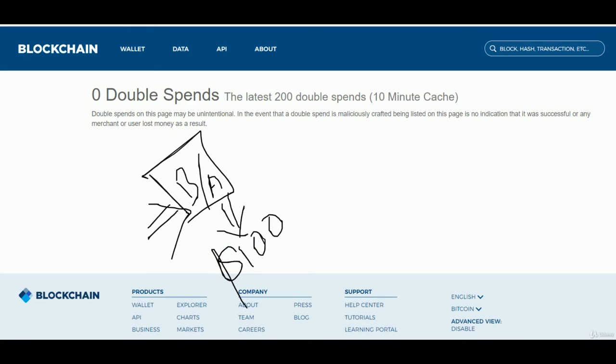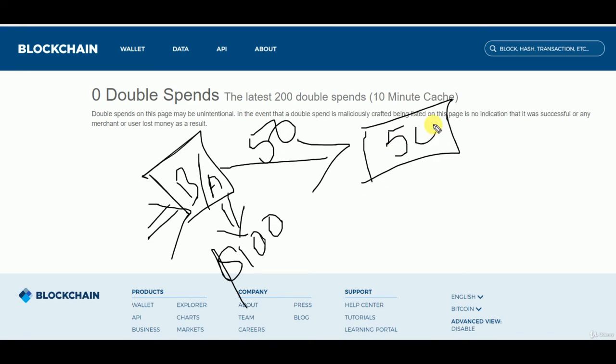Now the wife makes a transaction of $50, so the remaining balance should be 50 in the account. At the same time, the husband makes a transaction of, say, $60, so the remaining balance should be 40.